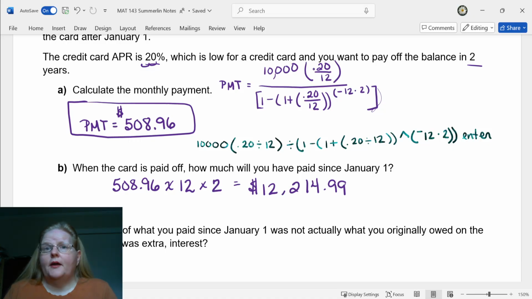You're paying more than the $10,000, because you wanted to have that $10,000. Now, if you pay just the minimum balance on your credit card, do you ever get your credit card paid off? Technically, yes, you would. Many years down the road, you would.